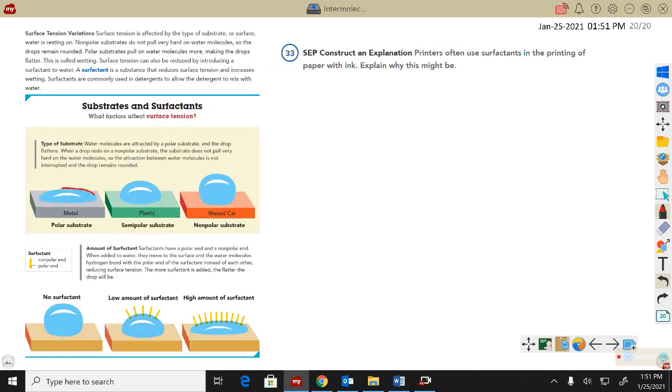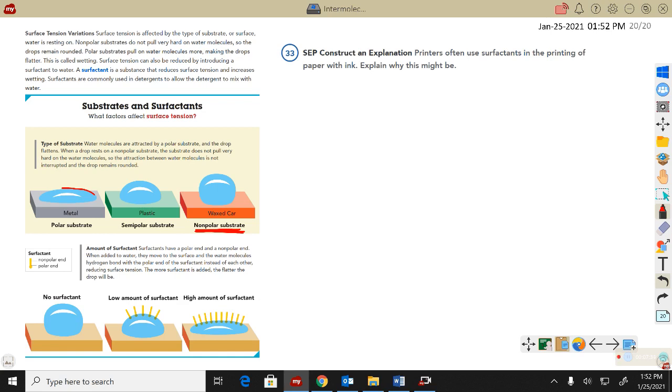Now, the degree of attraction between the water molecules might also depend on the surface that they're sitting on. So if I have a bead of water and I put it on a non-polar substance, well, obviously the water molecules are very polar, and the non-polar substance would not have a significant charge to it.